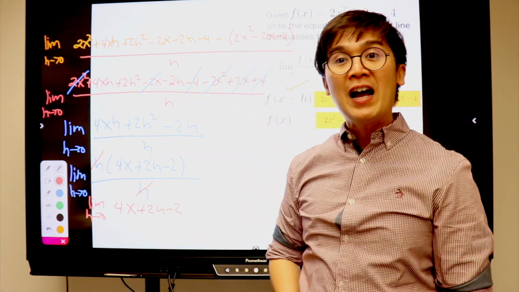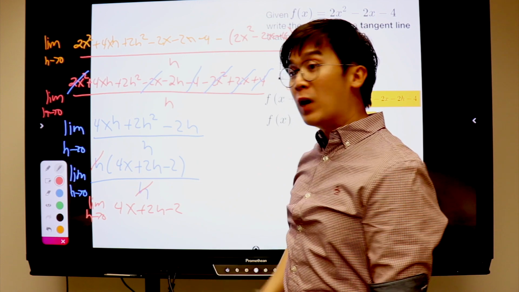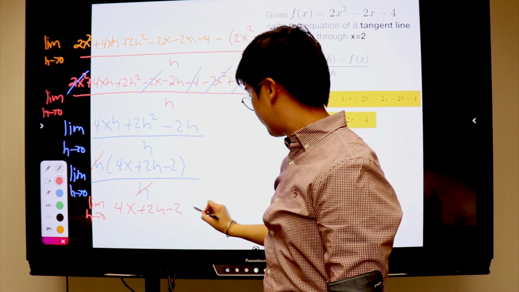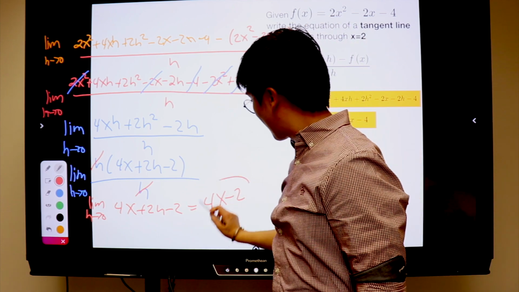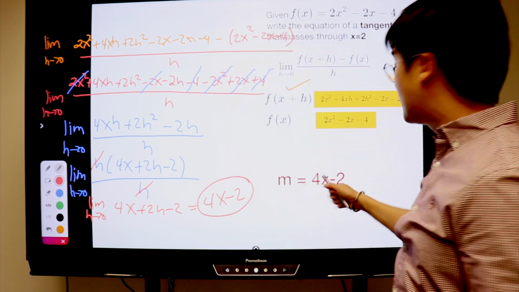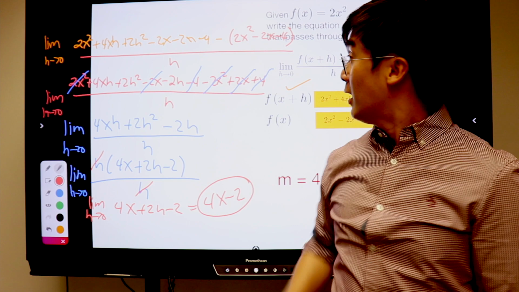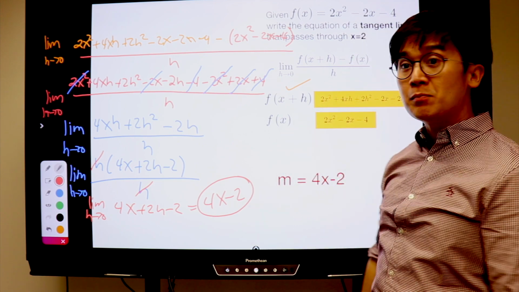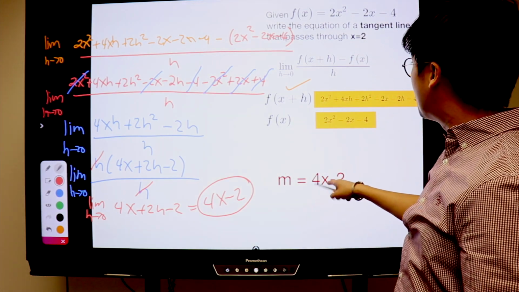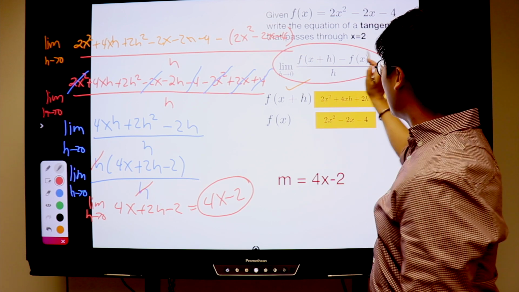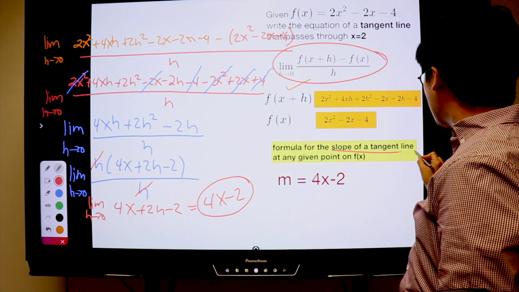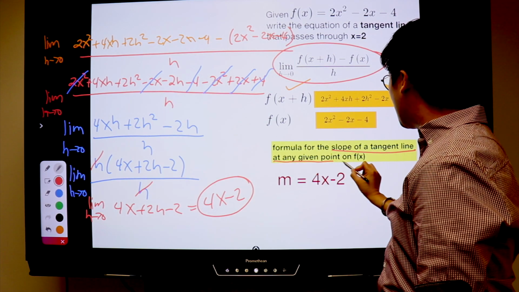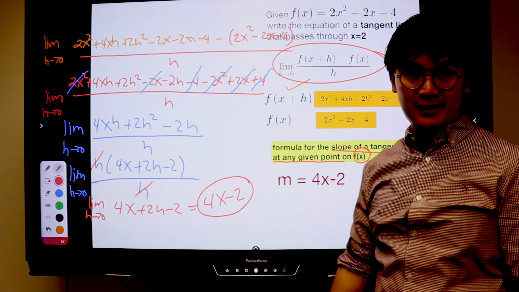So if we plug in the value of 0 to our function, what will it be equal to? 4x minus 2. There. And what is that? This is the equation of the slope. So m equals 4x minus 2. We're able to produce this using this formula, which is basically helping us to find the slope of the tangent line at any given point on your f of x.